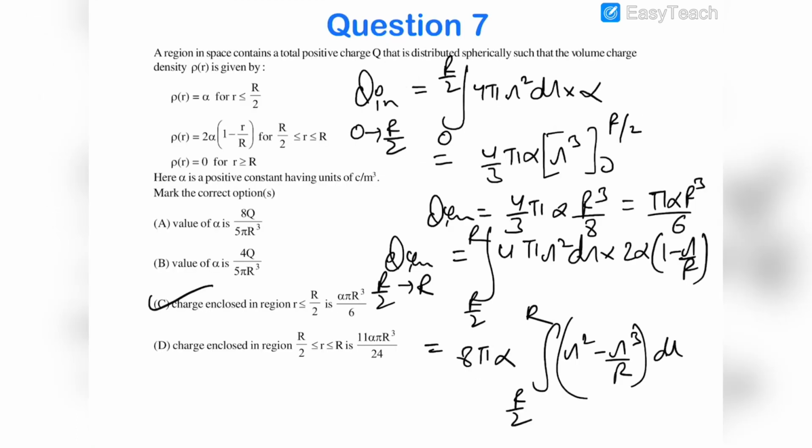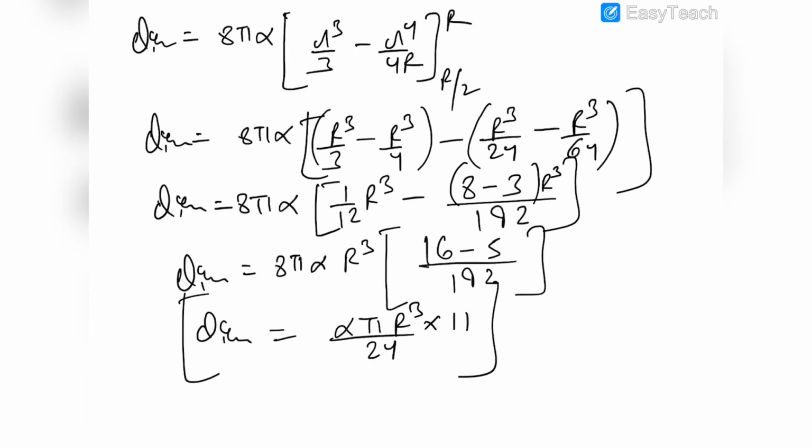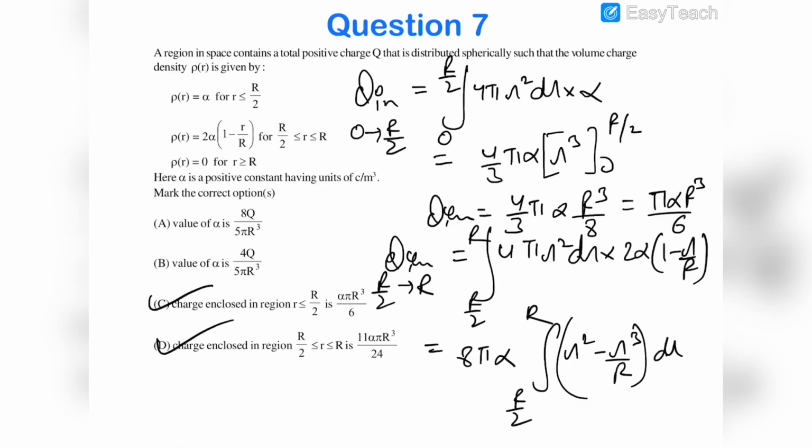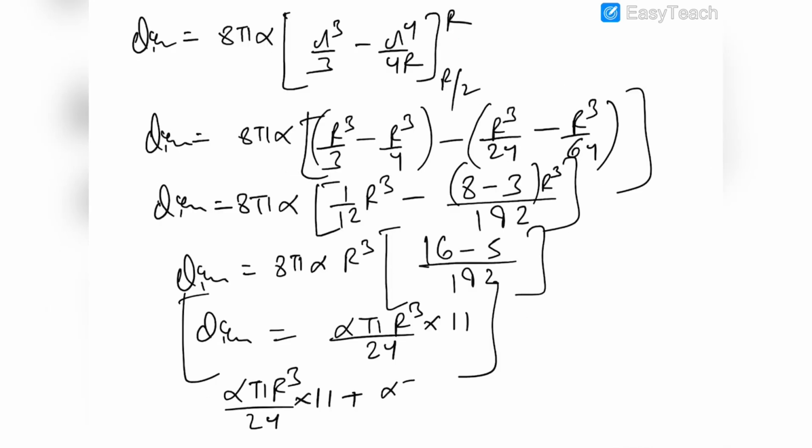So in this region you can see that this is 11 by 24, so D is also correct. And total charge will be this Q inside, which is alpha pi R cube by 24 into 11, plus this charge, which was alpha pi R cube by 6.